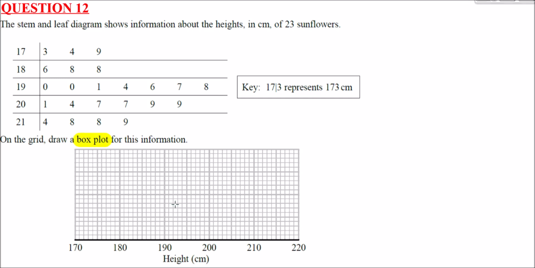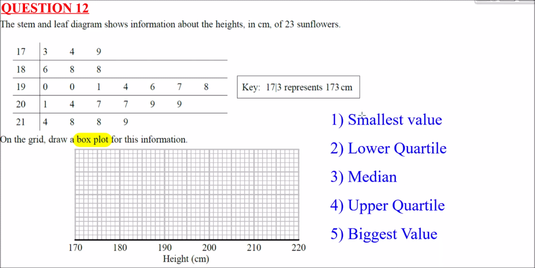The key thing about a box plot is there's going to be 5 vertical lines that build it, and the 5 vertical lines relate to 5 different key points in any distribution of data, and the 5 points are as follows. First of all is the smallest value, then the lower quartile, median and upper quartile, then finally the biggest value. So the smallest and biggest are the easiest to start with, so let's do those.